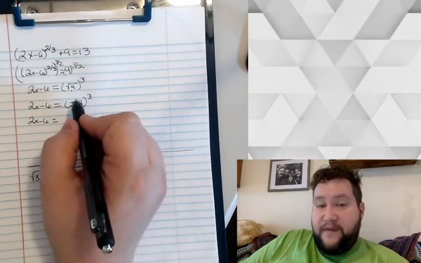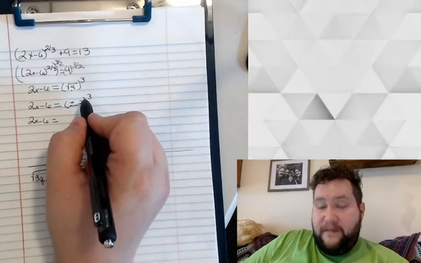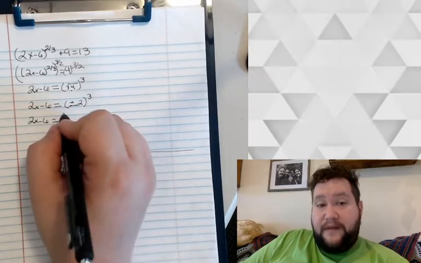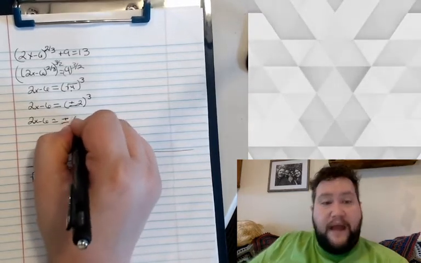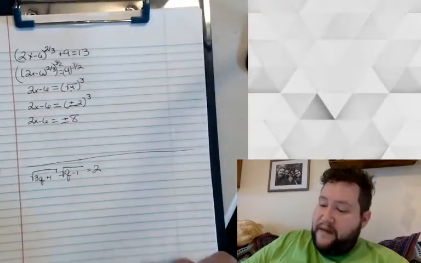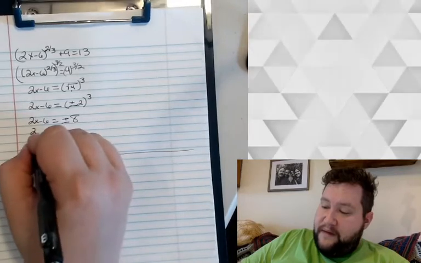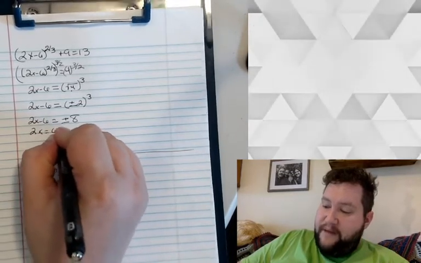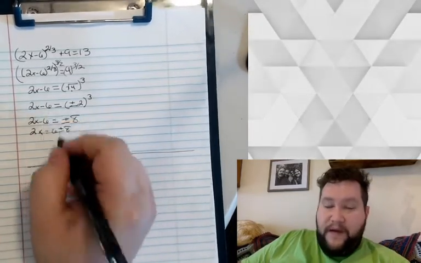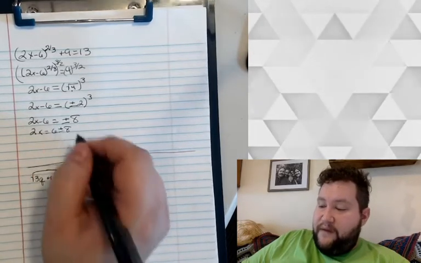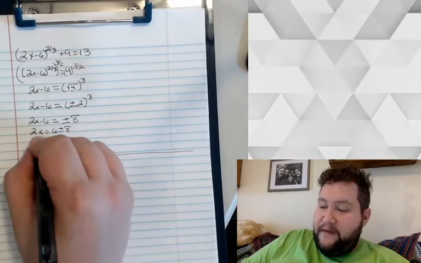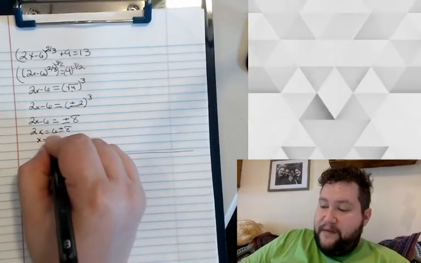So a positive times positive is a positive, and a negative times a negative times a negative is a negative. So we still get plus or minus 8. So add the 6 to both sides. 2x equals 6 plus or minus 8. We can divide by 2 now, or we can simplify. So let's divide by 2. We'll get x equals 3 plus or minus 4.